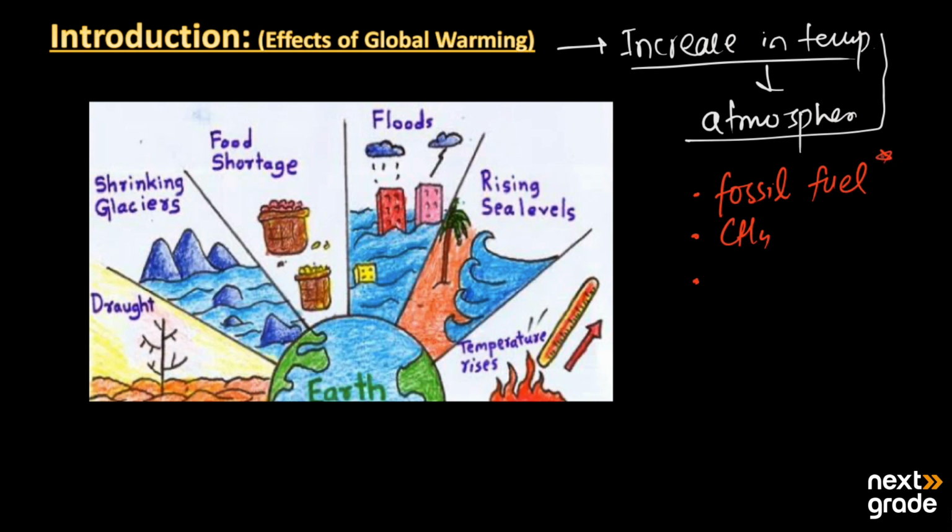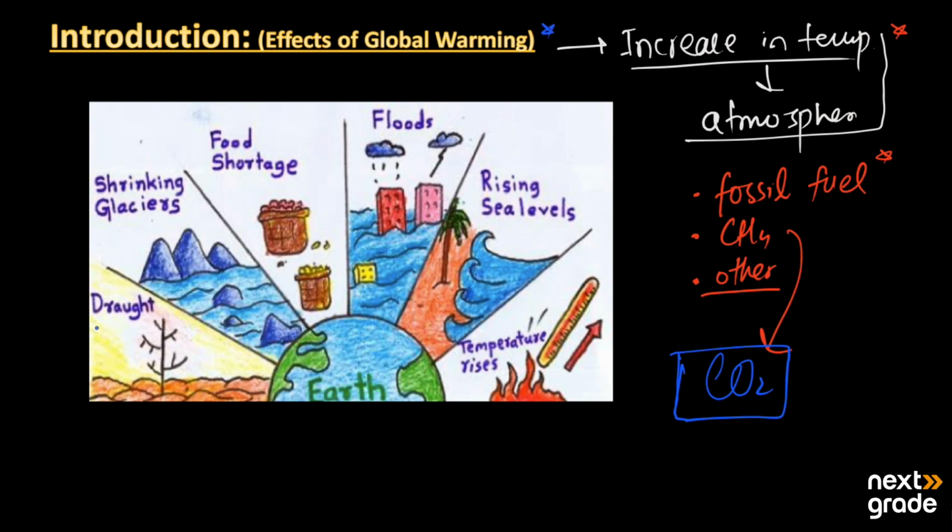Along with these, the increase in temperature is due to many other factors. All that increase in temperature is because of the increase in the concentration of carbon dioxide in the environment.